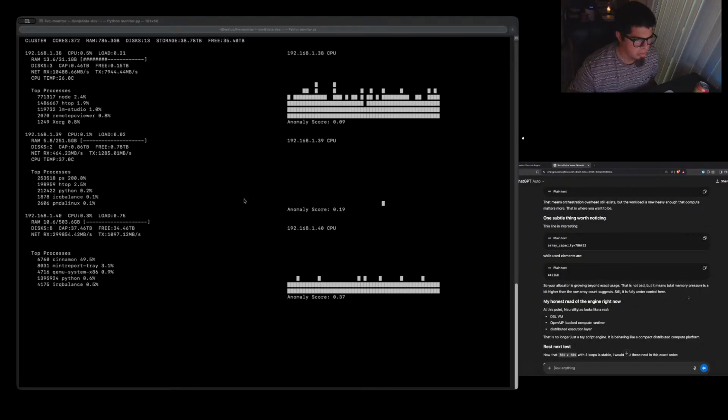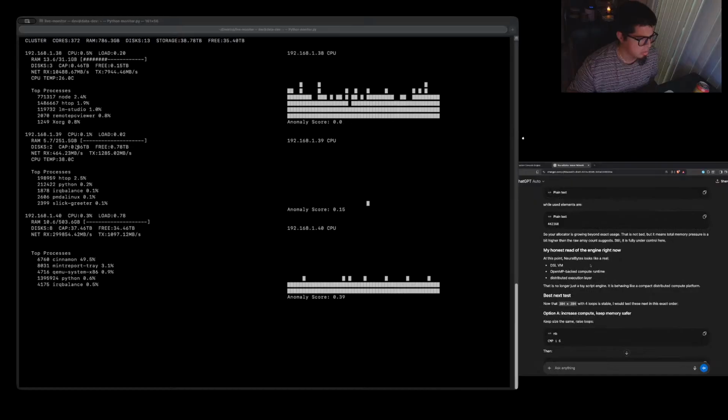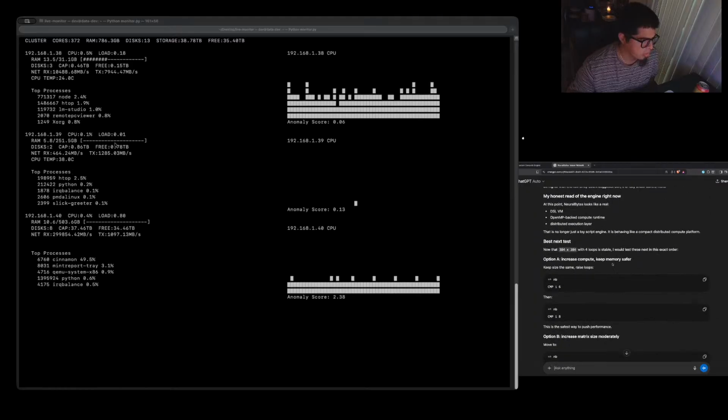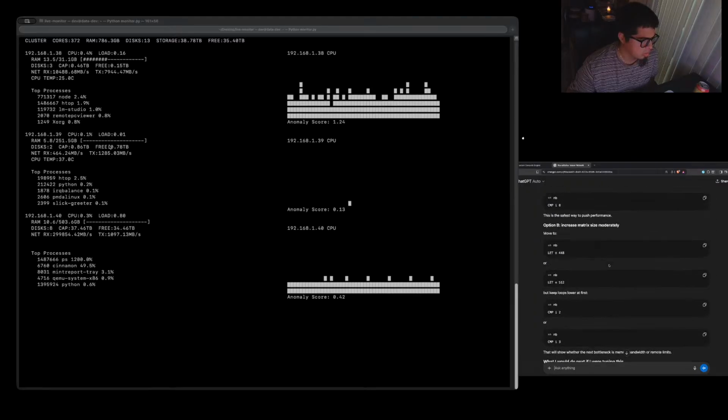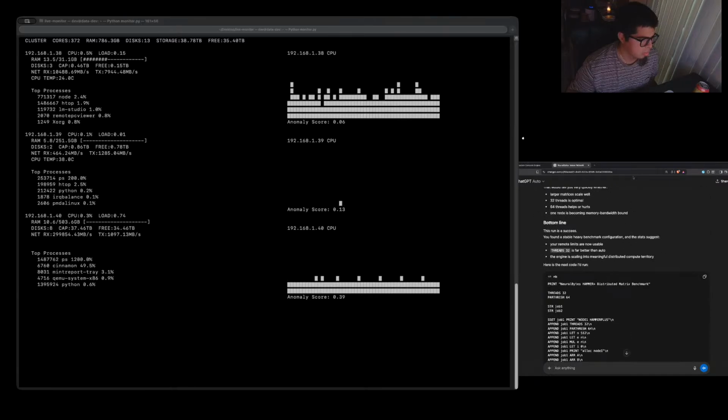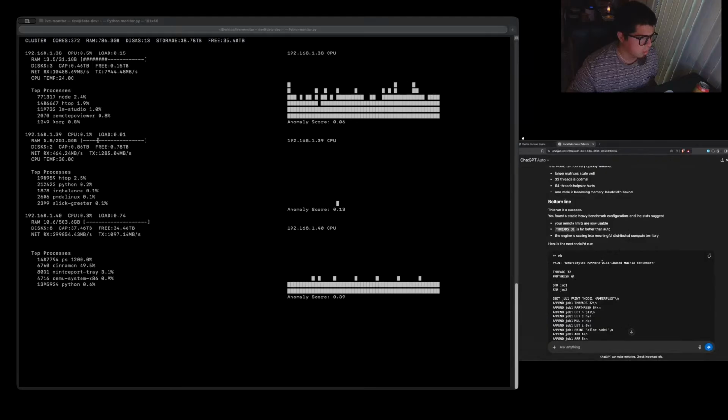This is not bad, but it means total memory pressure is higher than the raw memory count. So it says. Yeah, I mean, I'm using OpenPP distribution. Okay.